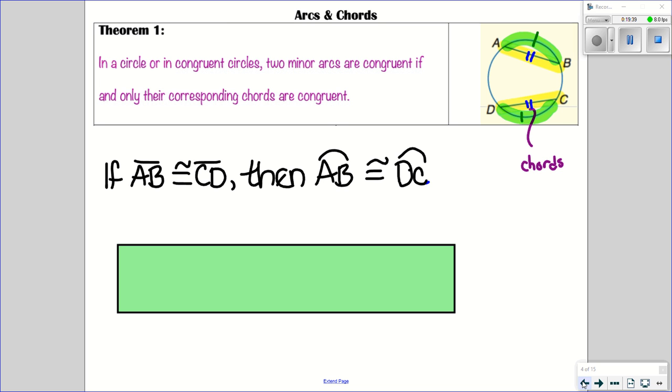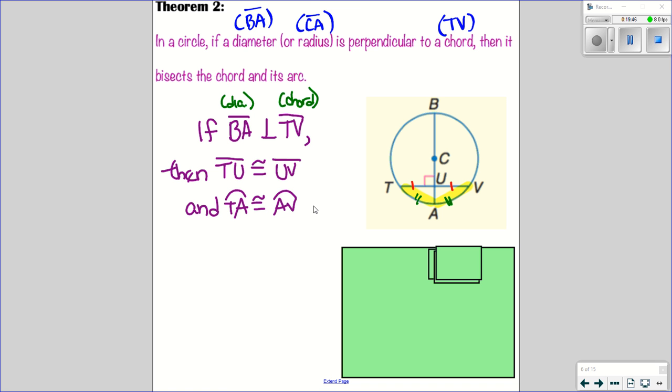So if the chords are congruent, then the arcs that are formed by them are also congruent. The second theorem is in a circle, if a diameter or a radius is perpendicular to the chord, then it bisects the chord and its arc. So you have a diameter or a radius cutting through the chord, it's going to get two congruent segments and two congruent arcs.